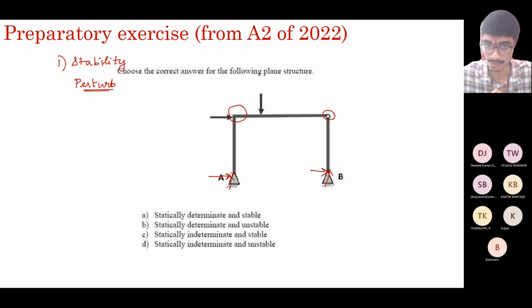What you can predict is, because this is free to rotate, this is not free to rotate, this comes like this. Again, this is free to rotate. So this is how it deforms under a horizontal load and also under the vertical load. Basically, this doesn't accelerate since it is fixed sufficiently at the support. So it is stable.